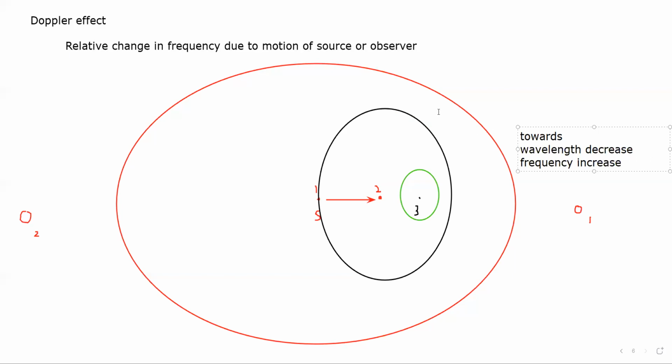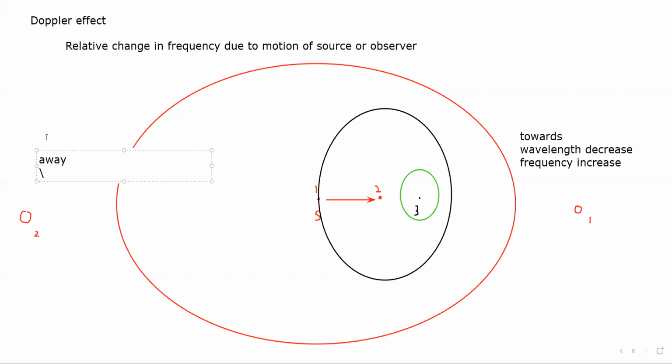So this relative change is not an actual change, but because of the relative motion of a source, or it can be the observer, or even both moving towards each other, or both moving away from each other, the relative change in frequency due to the motion of source and observer is simply known as the Doppler effect. Here the source is moving away.